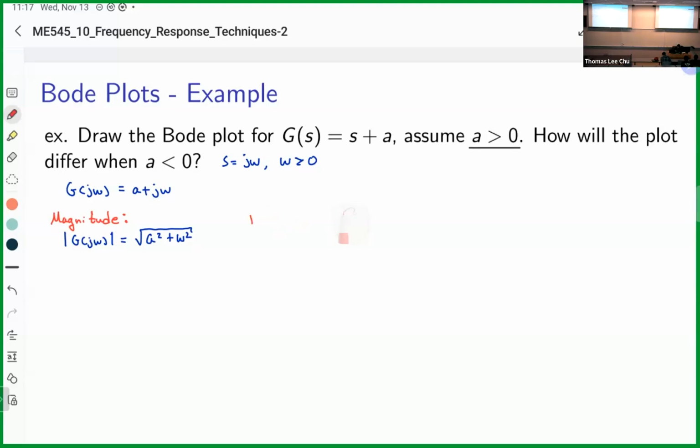For the phase, now that we've done root locus, I hope you know how to find the phase. The phase of G at j omega, I'm going to call it phi, is equal to the arctan of the imaginary component, because that's the vertical component, divided by the real component.